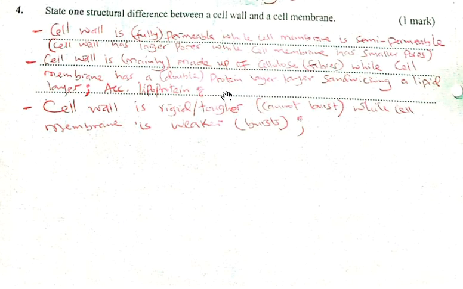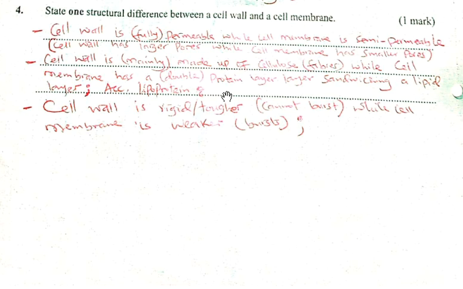Question 4, state one structural difference between a cell wall and a cell membrane, and the key word there is structure. About structure, the cell wall is fully permeable, but the cell membrane is semi-permeable. That means the cell wall has larger pores, while the cell membrane has smaller pores.